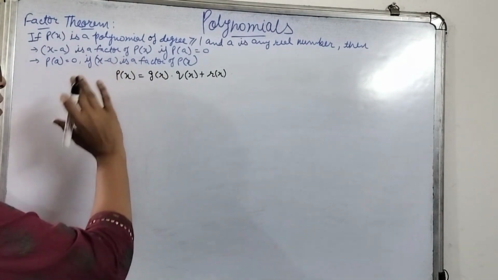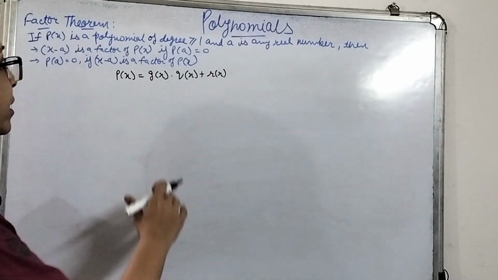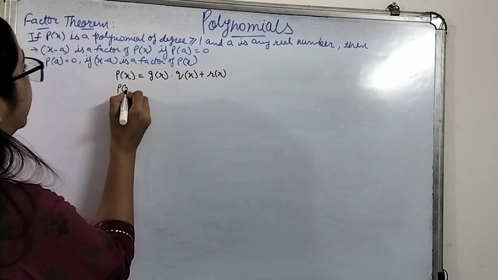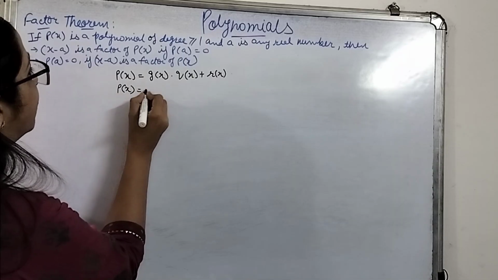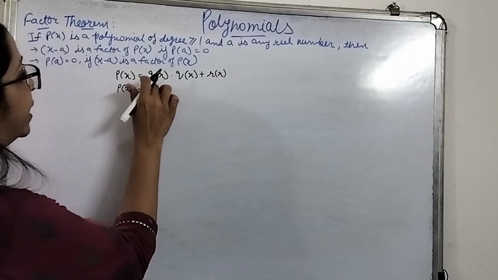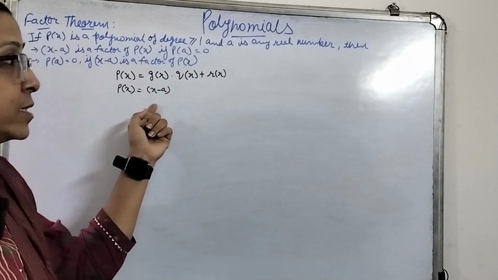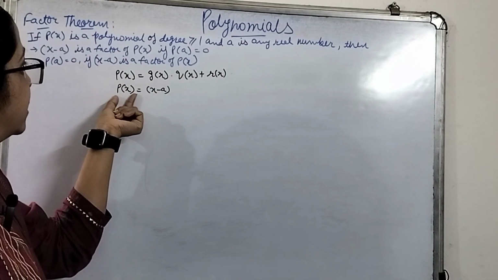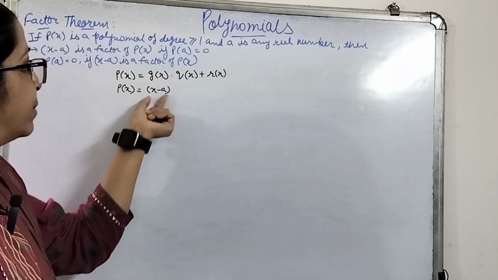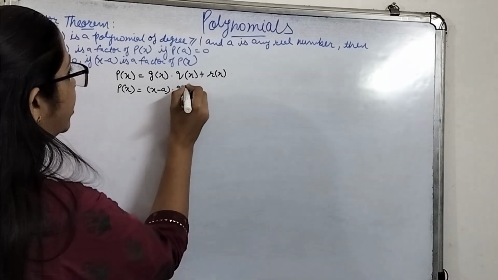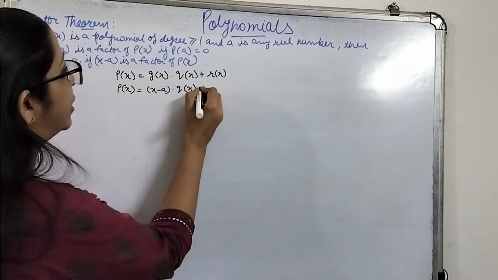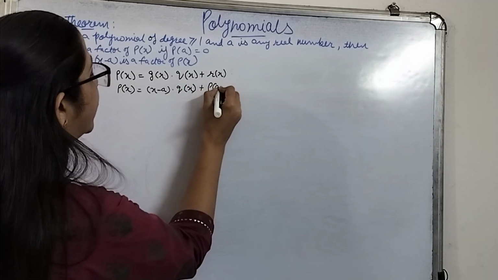Now let's see what we have seen in the remainder theorem, if we divide this polynomial p(x) by x minus a. Here the divisor we have taken as x minus a. So if we divide this dividend p(x) by x minus a, then some quotient will be there and the remainder will be p(a).